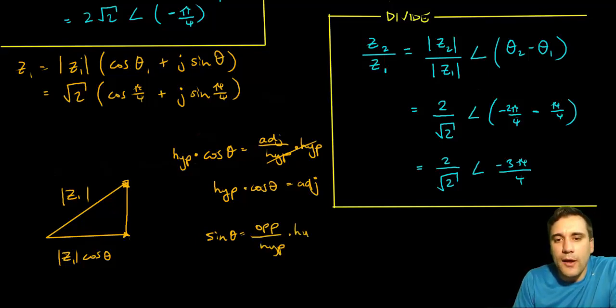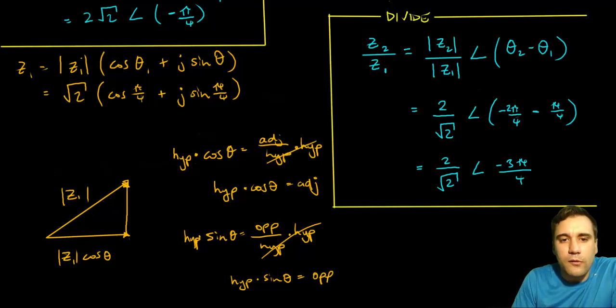So if we multiply both sides by the hypotenuse, those will cancel out, and you'll get that the hypotenuse times the sine of the angle is equal to the length of the opposite side, where this is the opposite side, right?